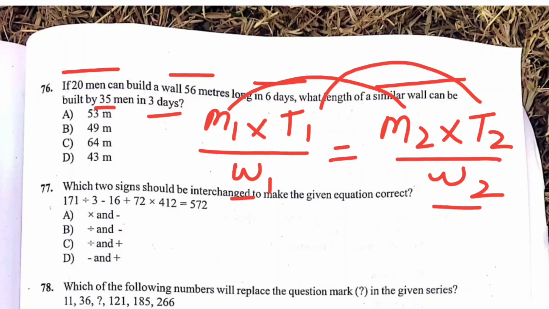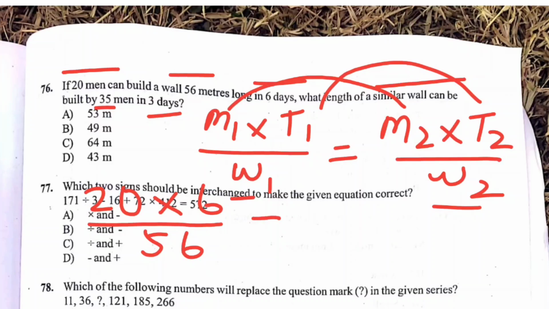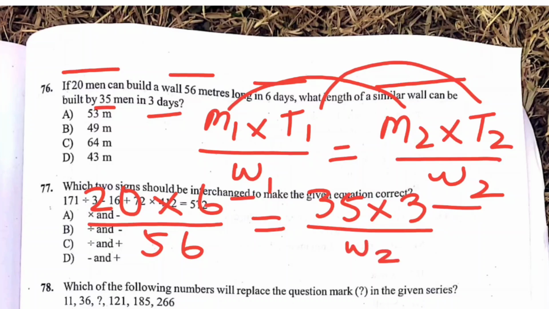So we are being told that M1 is 20 men, they take 6 days, and they complete 56 meters of wall. So W1 is 56 and it should be equal to M2. In the next scenario, we require 35 men, but they work for 3 days, and we need to find out how much of the wall they can build, that is W2, which we are supposed to find.